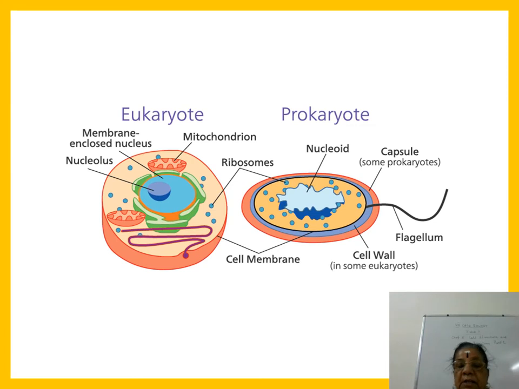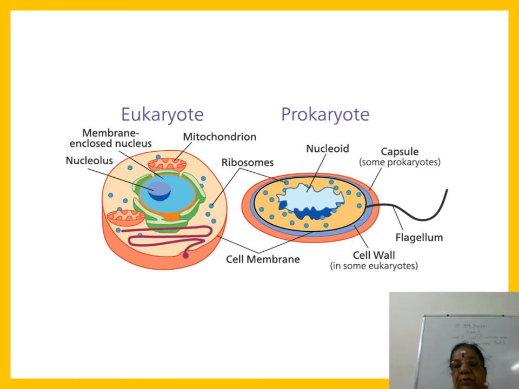That is called the eukaryotic structure. Whereas in prokaryotes, there is no well-defined nucleus. They are represented by genetic material. So there is no nucleus as such; there is only genetic material. This is present in the prokaryotic cell.